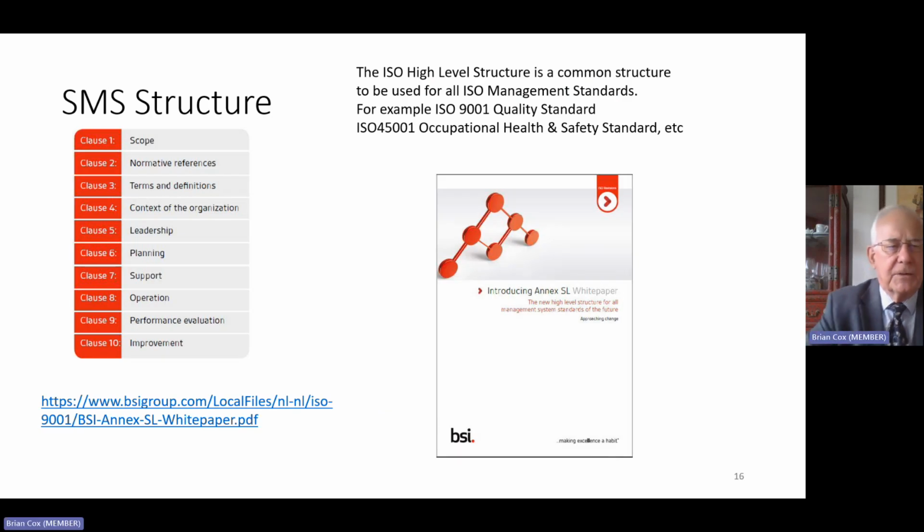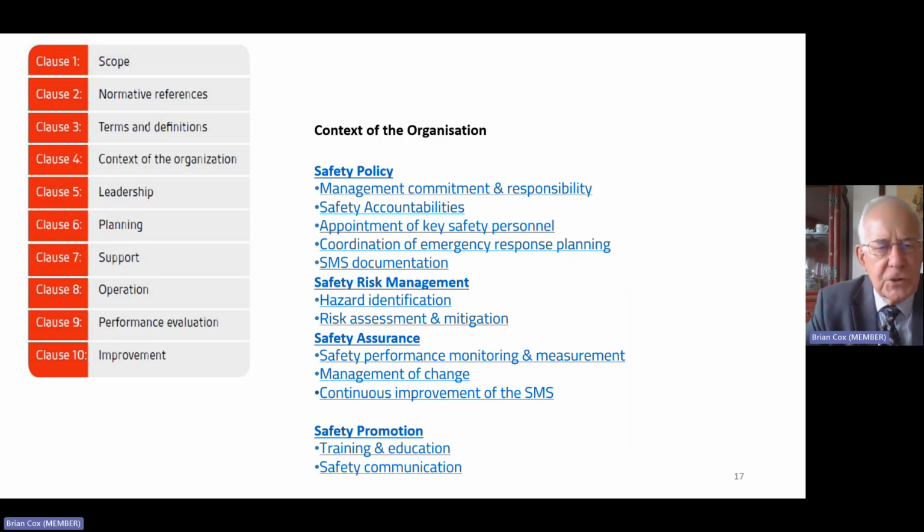So ISO have also suggested a structure which has been adopted also by the British standards. This is their structure, and if we look at this compared to the previous chart, you can see that it's got a lot of commonality, and in fact it does cover the same topics in slightly different headings. But the one which they have added on, which we didn't have before, is what's called the context of the organization.